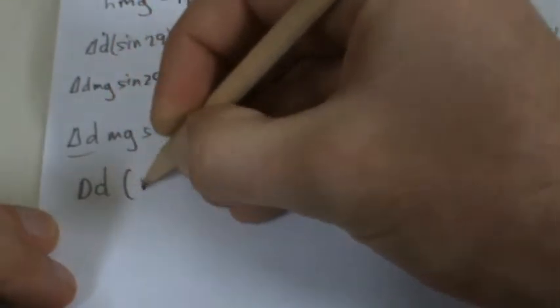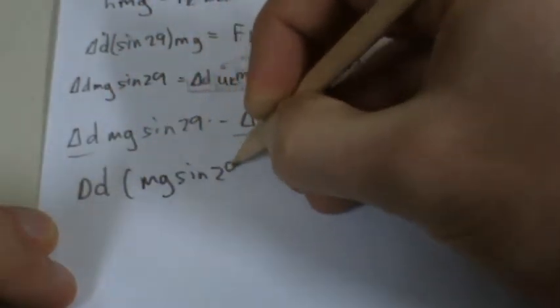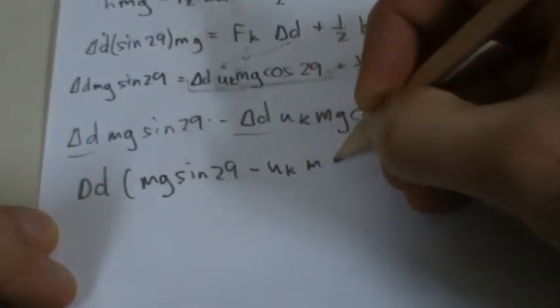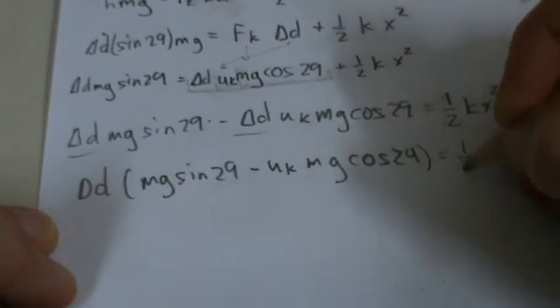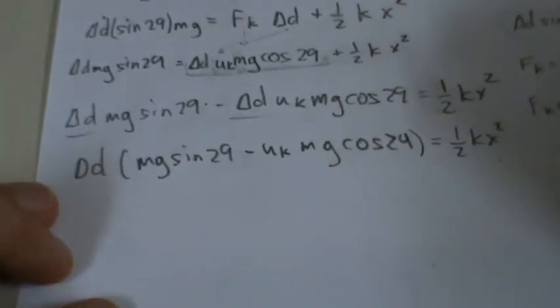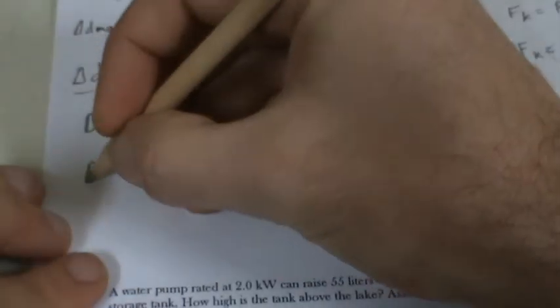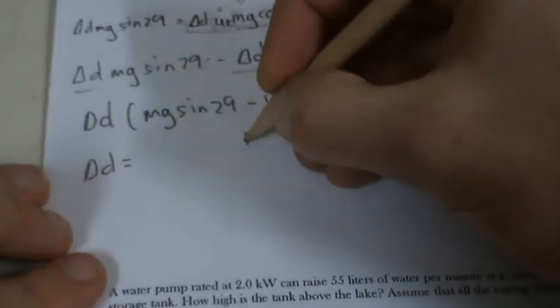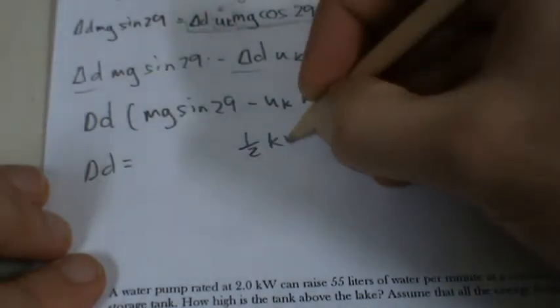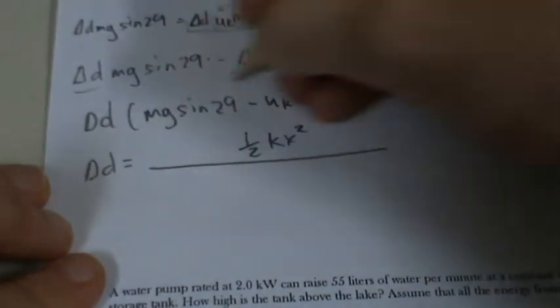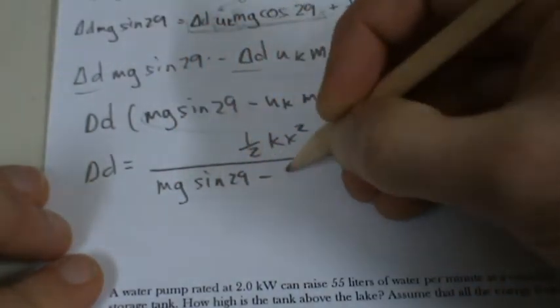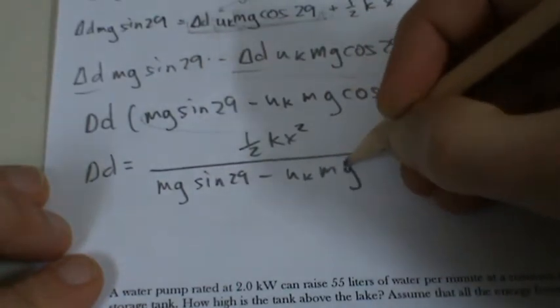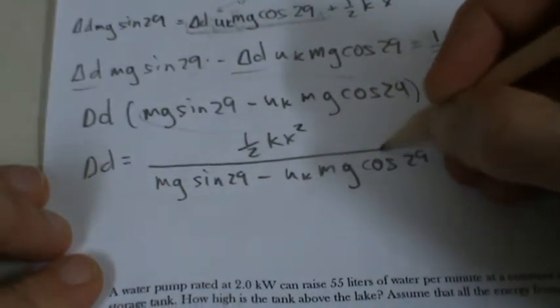Now I notice that I have a delta D here, and I can factor it out: delta D times (mg sine 29 minus uk mg cosine 29) equals 1/2 kx squared. So delta D is equal to 1/2 kx squared divided by all of this, mg sine 29 minus uk mg cosine 29.